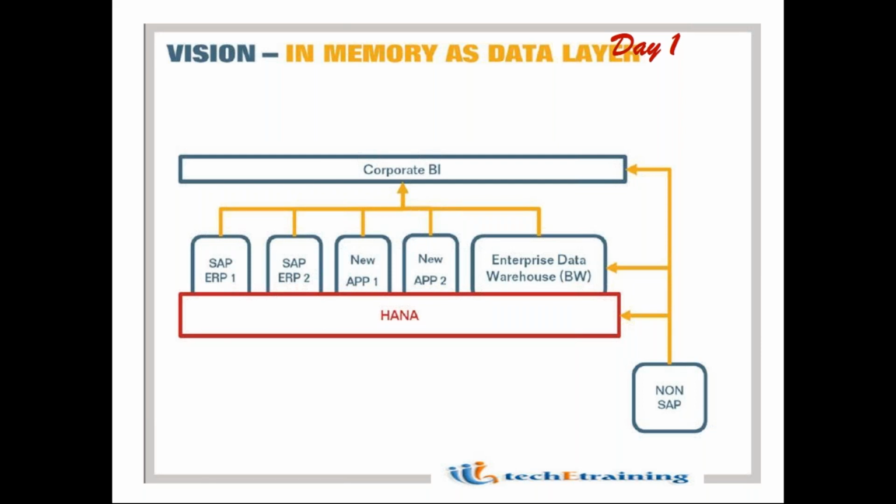Here we connect to the HANA DB directly. It may be different application servers, different apps, different BW configurations, and we connect to your app directly. This is the advantage of Business Suite on HANA.